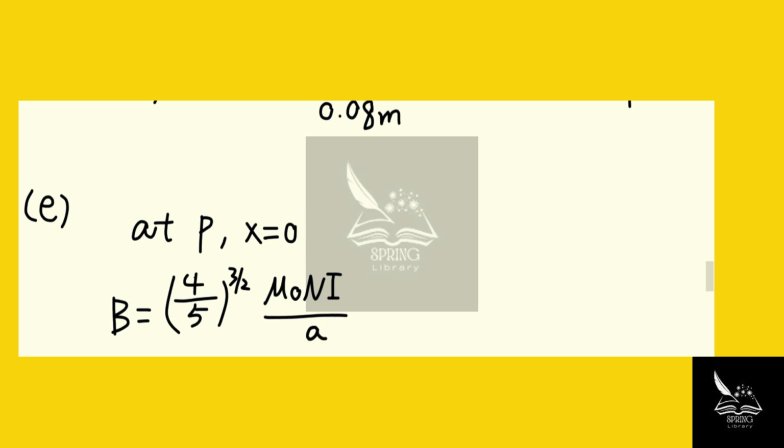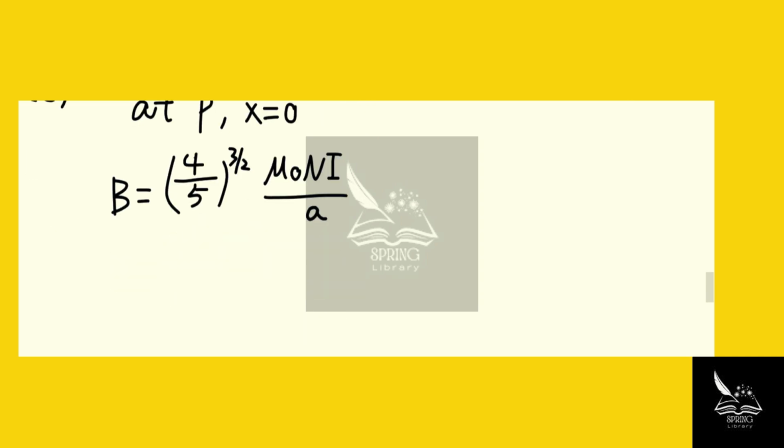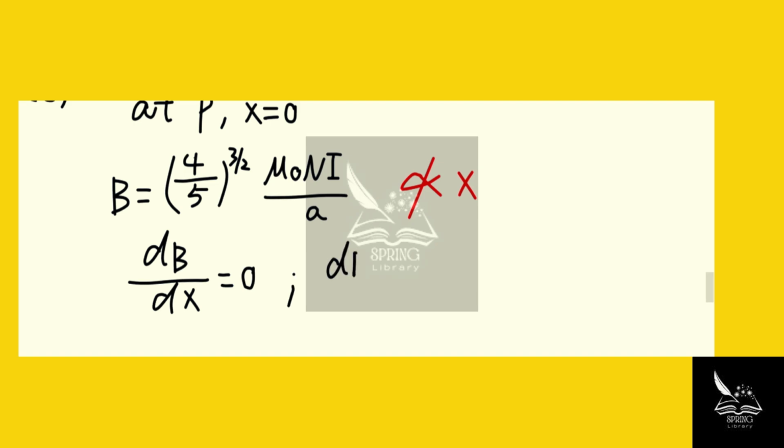And as you can tell, it has nothing to do with x. So therefore, dB dx at this point should be equal to 0, since it has nothing to do with x in the equation. Same for the second derivative as well.